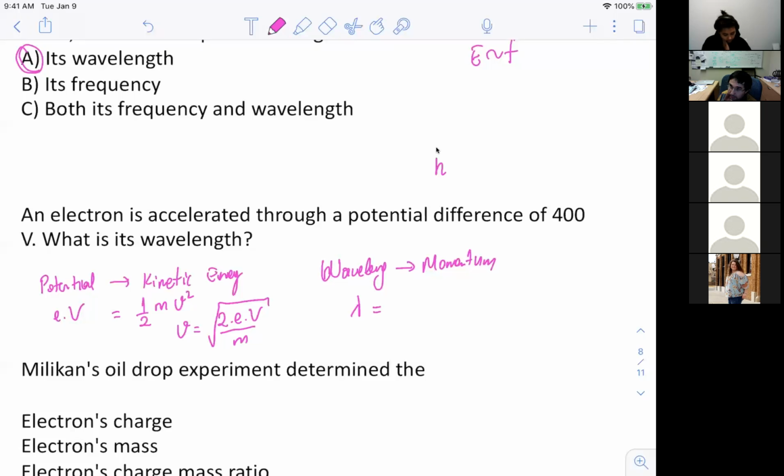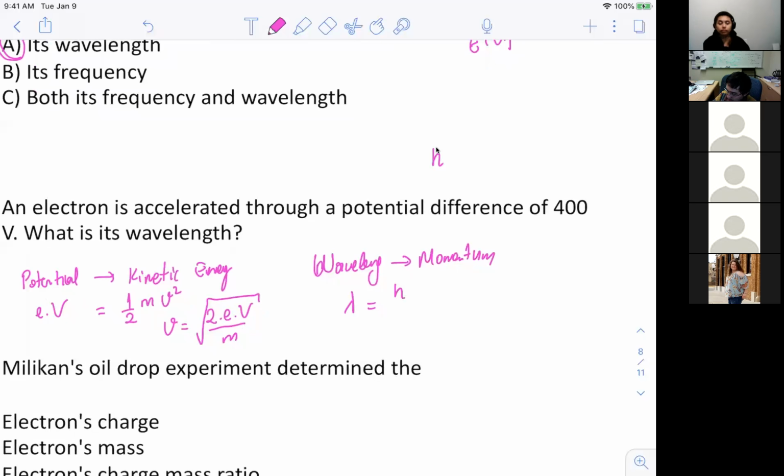It's a wave property of the material. That's the wave and particle duality concept. So you divide h by the momentum. h is the Planck constant.